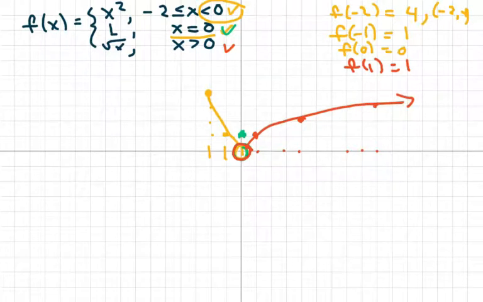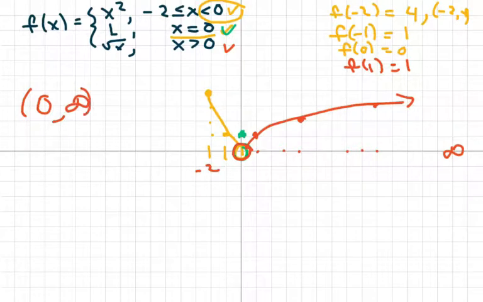Okay? Now we already know our domain. We're going from -2 to infinity here. My range is we're starting at 0, but it can't equal 0. So my range is 0 to infinity, because basically I could do the square root of 144, go to 12.